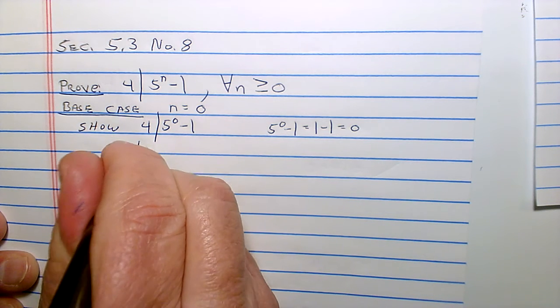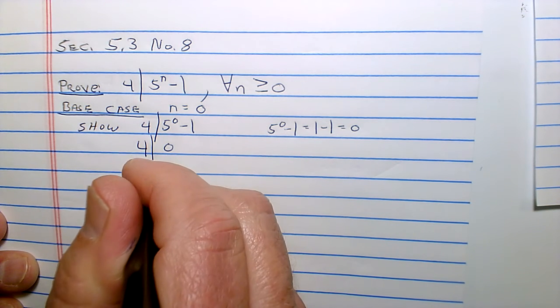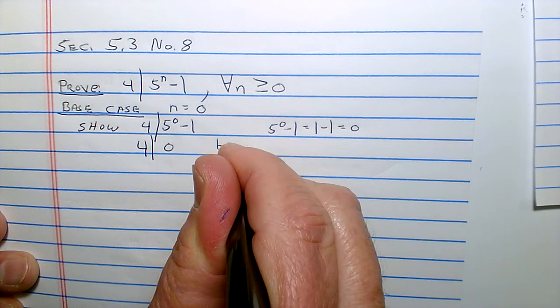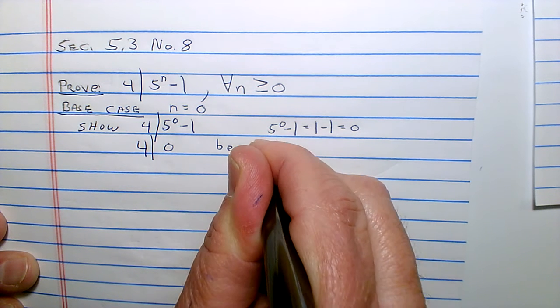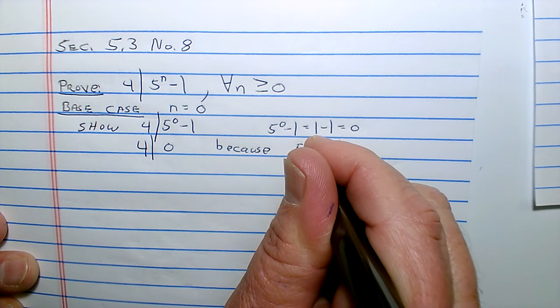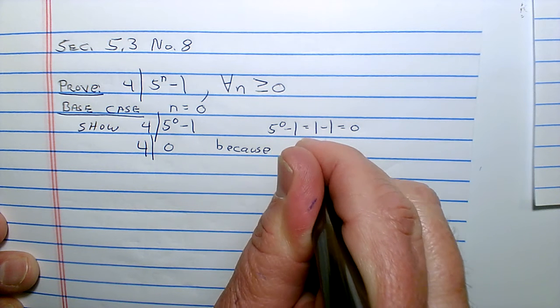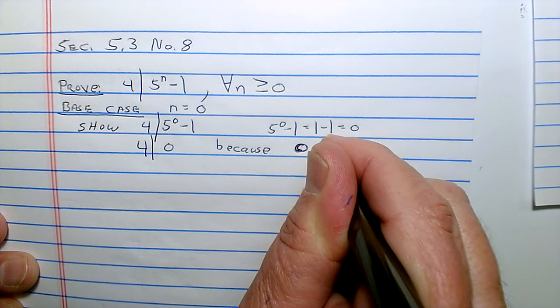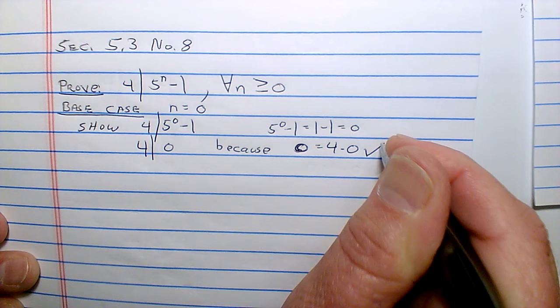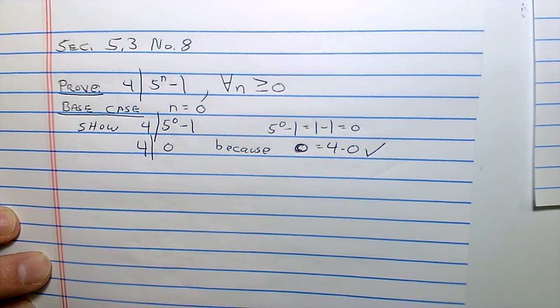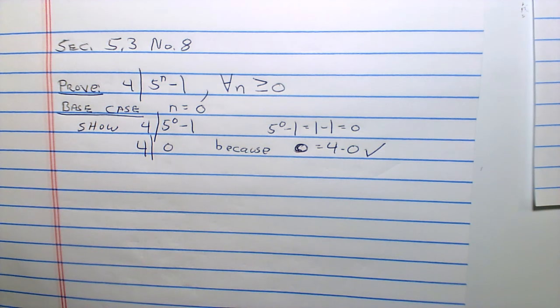So what we need to show is that 4 divides 0. 4 divides 0 because 0 is equal to 4 times 0. That's using the definition of divides. So we have completed the base case.